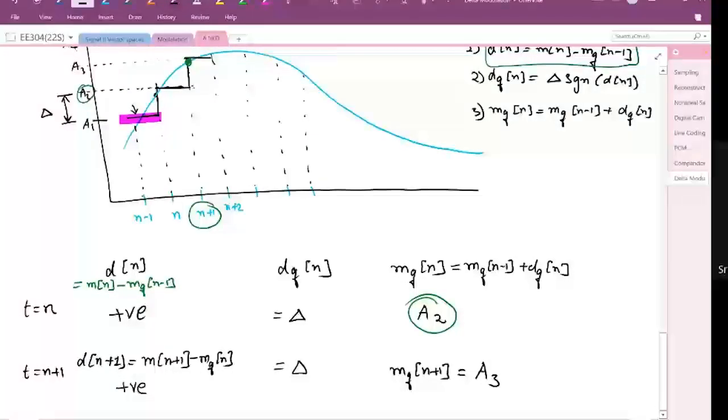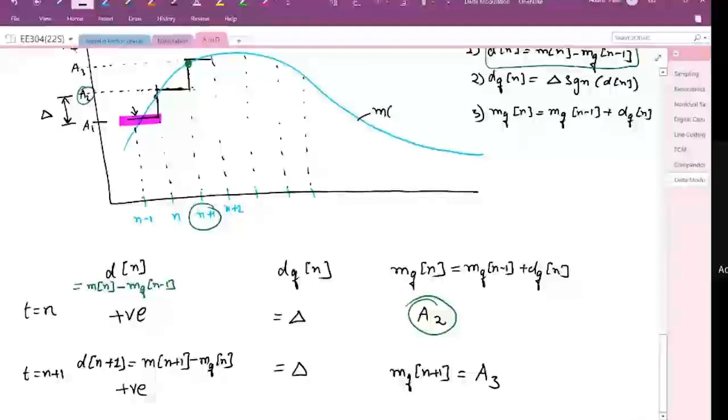Sir, it will be above a3, because you have taken an approximate value in a1. Can you repeat your question? I'm still unable to get the question that you are asking. I'm saying that the a3 level is above the value of the signal which it takes at mn plus 1.